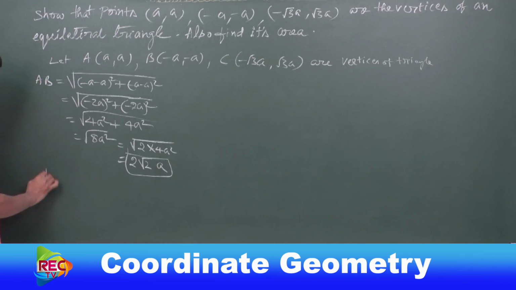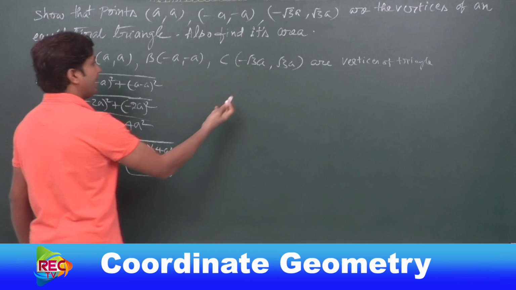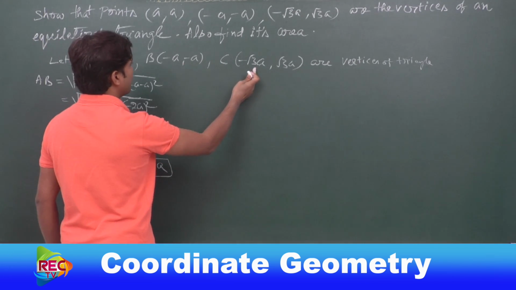Now what is BC? Now BC means, this is B and this is C point. Now again x2 minus x1. What is x2 minus x1?